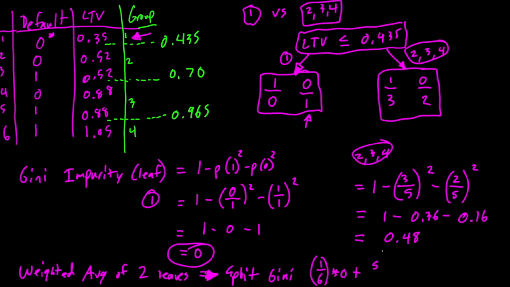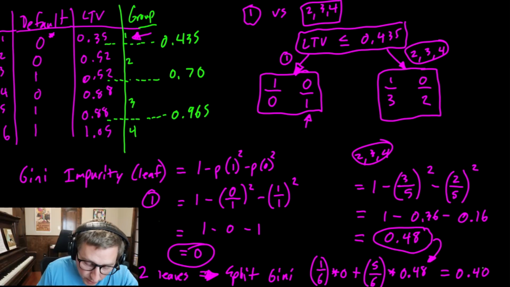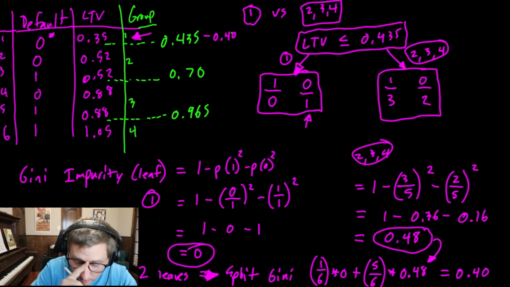So we're going to have 5 from this right leaf divided by 6, and then we're going to multiply that by 0.48, which was our leaf Gini. And then this will give you 0.40. So I'm going to make a little note here and just put 0.40. So that's what this split is generating for the Gini.